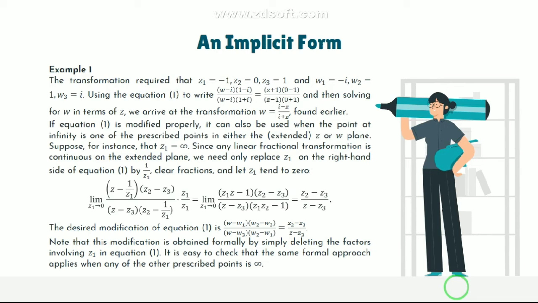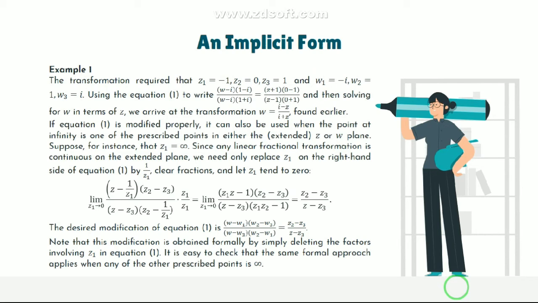If equation 1 is modified properly, it can also be used when the point at infinity is one of the prescribed points in either the extended z or w plane.